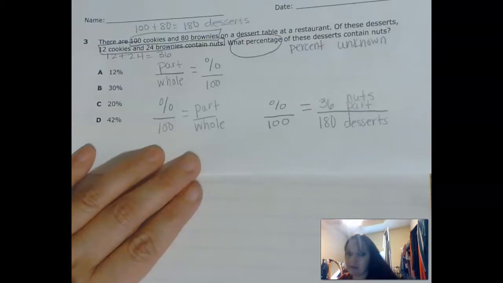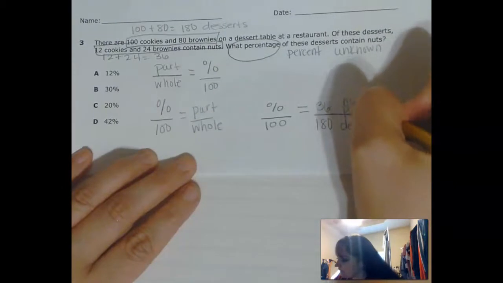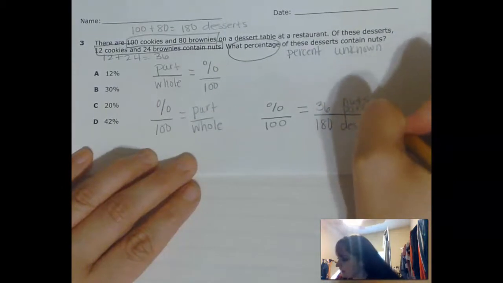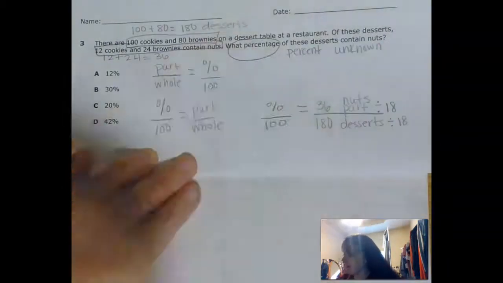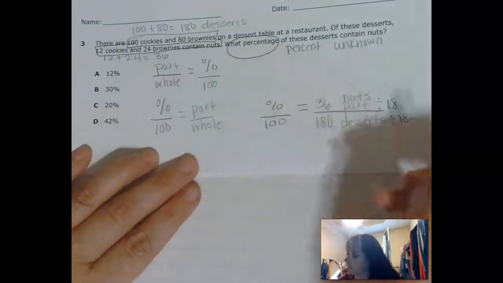How do I know that? Because 18 times 2 equals 36. So if I divide both of them by 18, now you could divide both of them by 2, and that would be perfectly fine. You're just going to have to do it more than I'm going to have to do it. So if you want to divide it by 2 and keep going, you divide it by 2. I'm going to divide it by 18 because it goes faster.